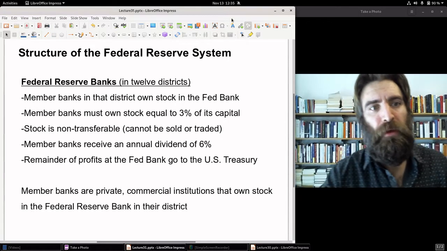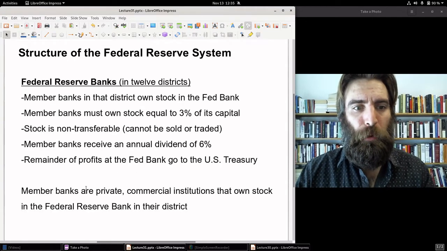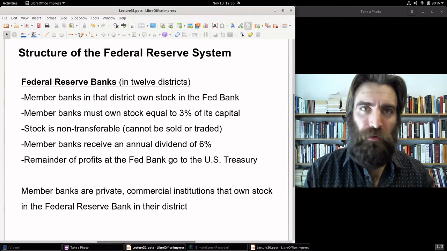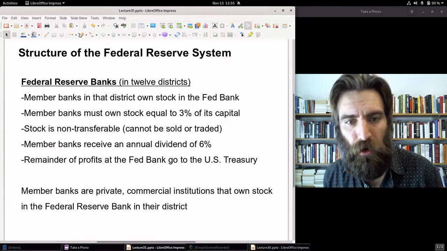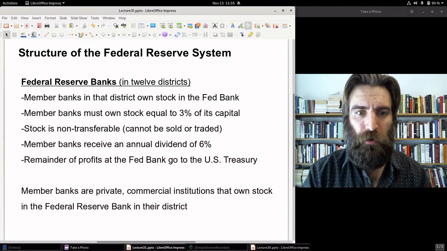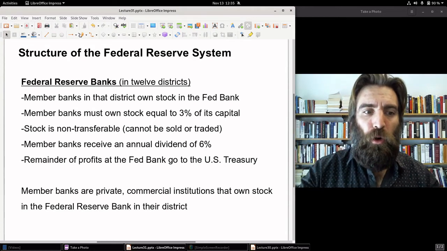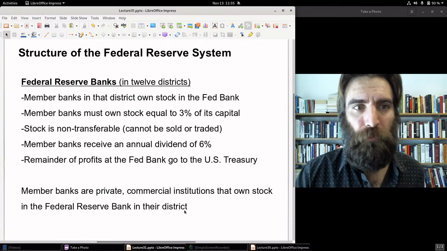Now, on this question of member banks, what is a member bank? Member banks are private commercial institutions, all right? Commercial banks, could be credit unions, any sort of private commercial depository institution that owns stock in the Federal Reserve Bank in their district, okay?